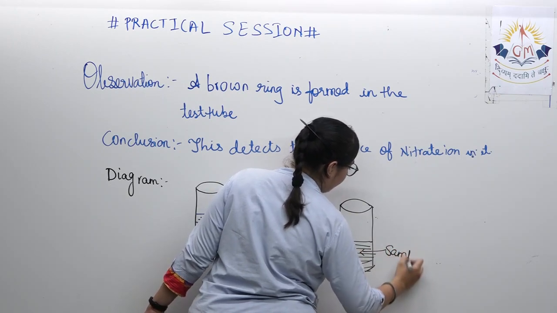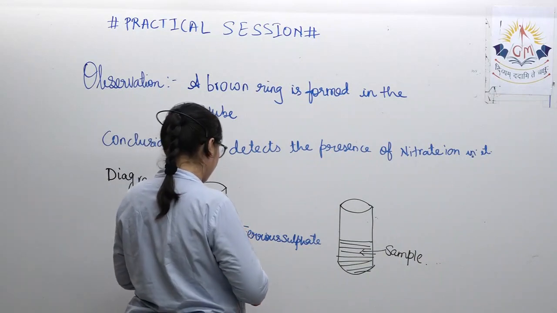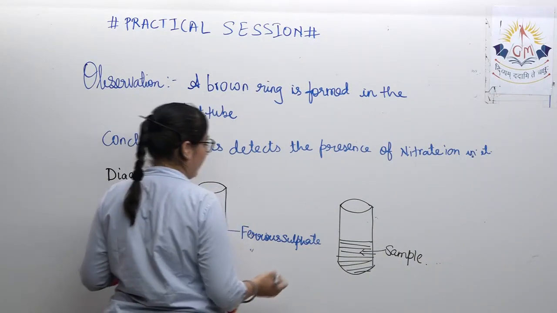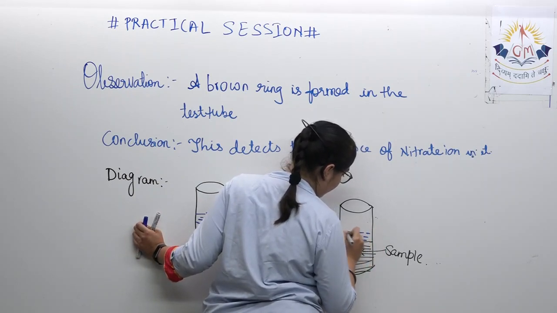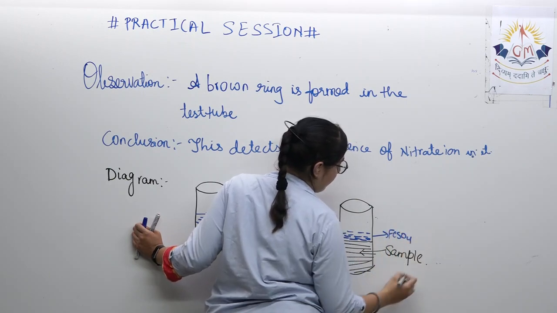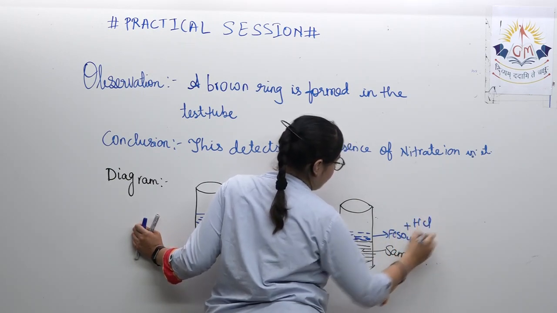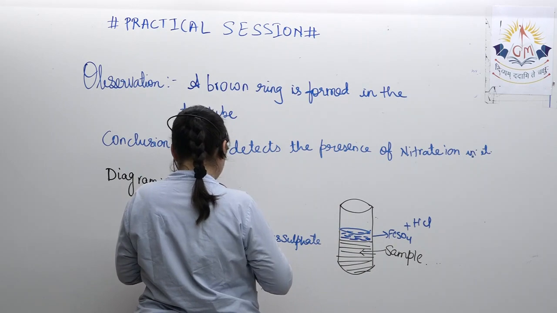This is the sample. When ferrous sulfate is added, acid, a brown ring is formed.